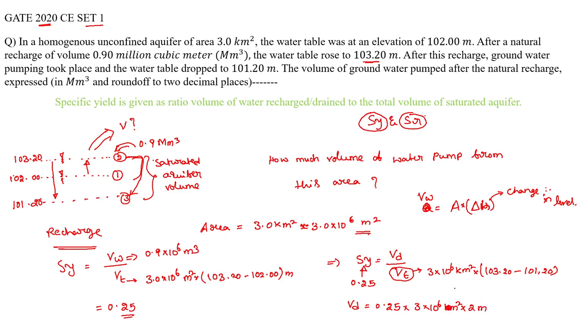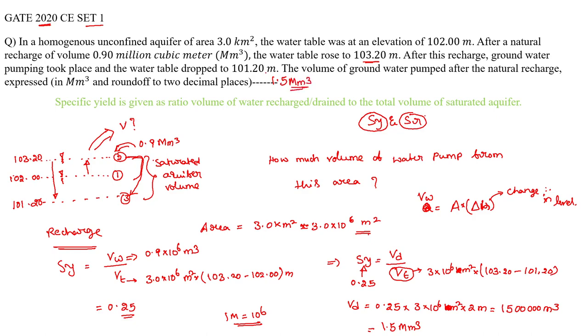Sorry, it will be meter square only. So it becomes 1,500,000 meter cube. But the question asks to express it in million meter cube. 1 million equals 10 power 6. So the answer will be 1.5 million meter cube.